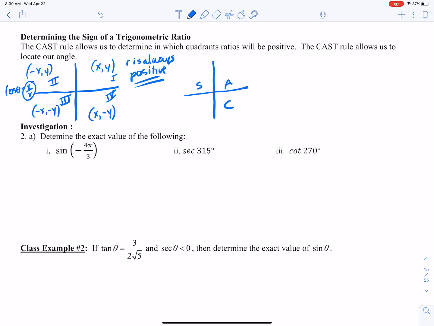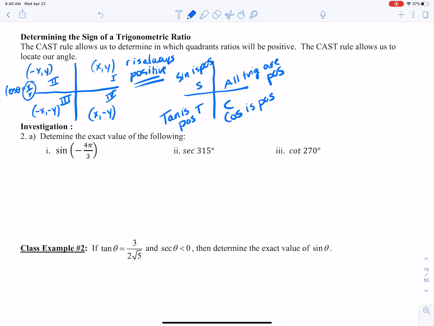the CAST rule. What this means is all trig ratios are positive in quadrant 1, sine is positive in quadrant 2, tan is positive in quadrant 3, and cosine is positive in quadrant 4.